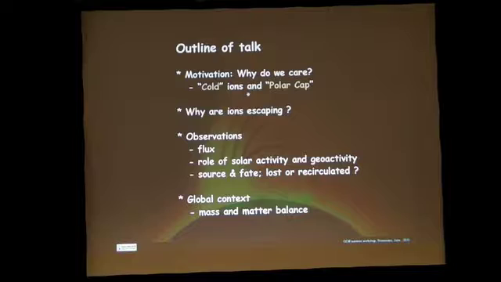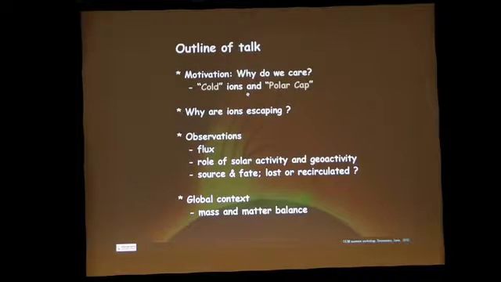So the outline of the tutorial is as follows. First, a bit about the motivation. Why do we care about ion outflow? And also the definition of cold and polar cap. Then we go and do a bit of basic physics and ask ourselves why would ions or matter escape at all.